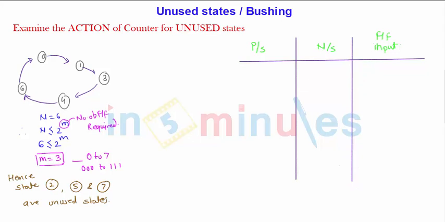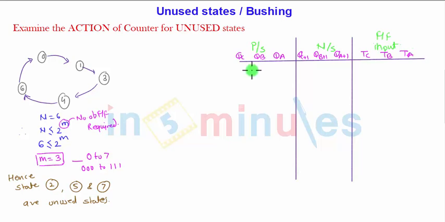My present states are QC, QB, QA. The next states are QC+1, QB+1 and QA+1, and the flip-flop inputs are TC, TB and TA. Toggle flip-flops I am going to use here.